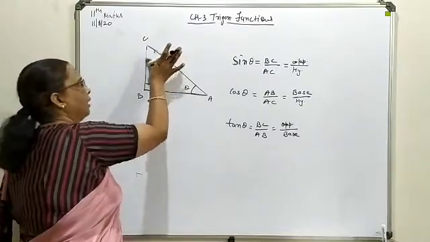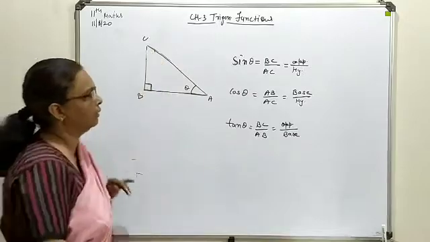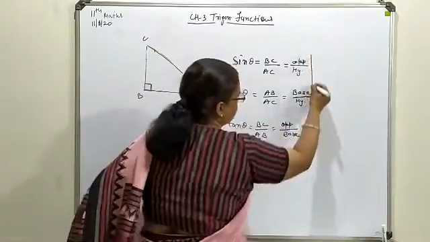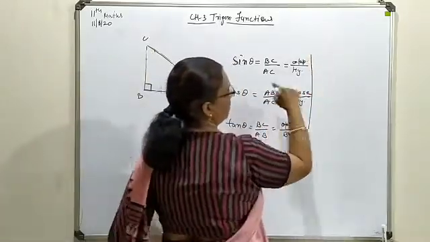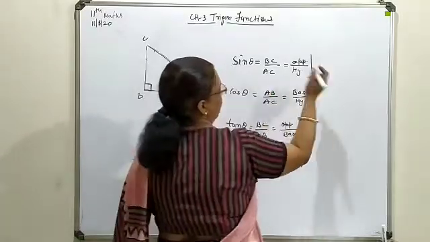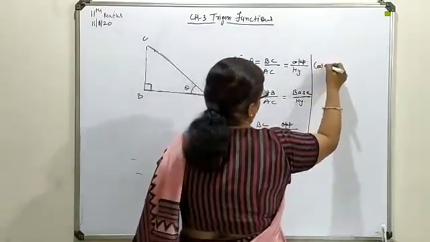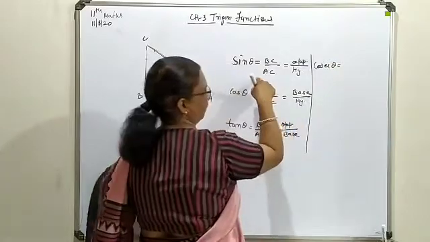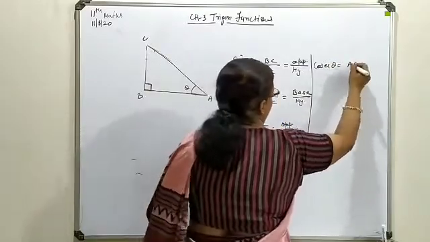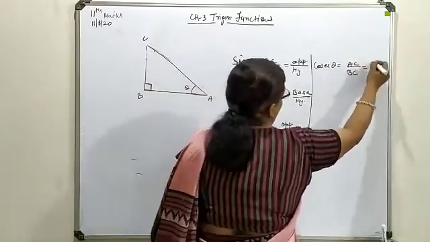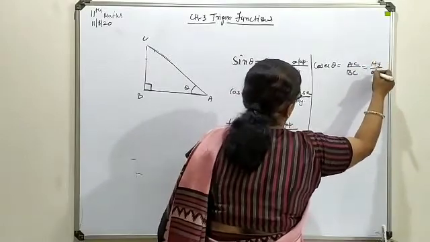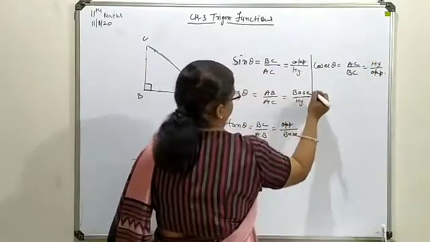Now the remaining 3 we will write here, to make them interlinked. Cosec of theta is the reciprocal of sine, means AC upon BC, hypotenuse by opposite side, or altitude also you can say.